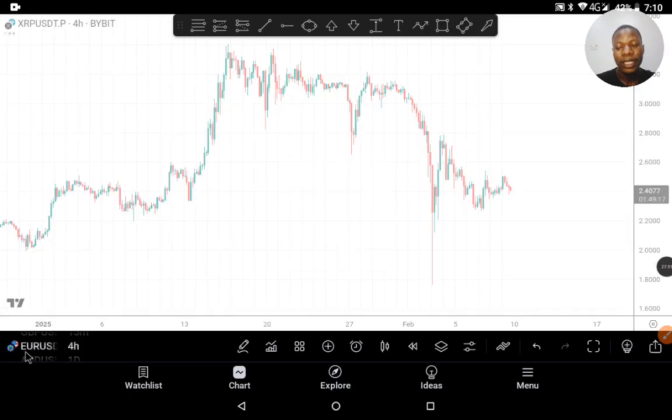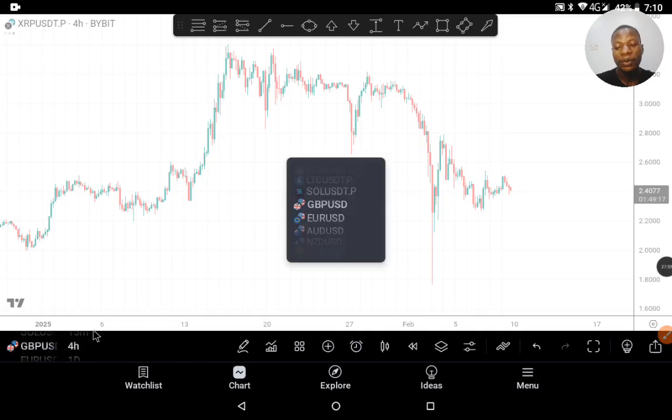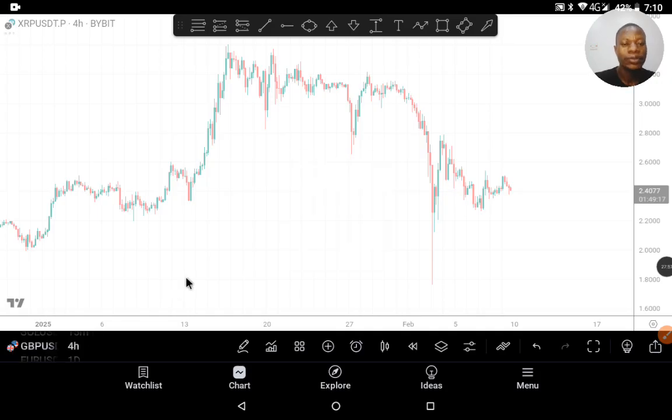So let's use EUR/USD, or let's use GBP/USD as an example. I love GBP/USD very well, so let's analyze it and see if we can also find these levels and break of structure, change of character, all of this, even on forex market.